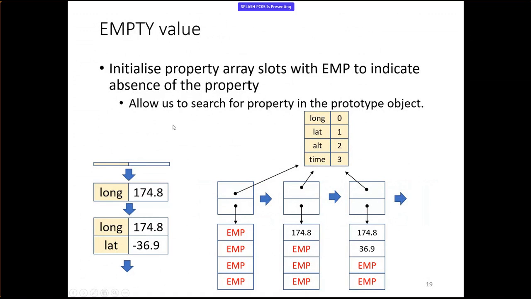One thing we have to take care of is the initial property: we have to initialize the property array slot with a special value, empty, to indicate that the property is absent. This is necessary to keep the semantics of JavaScript.